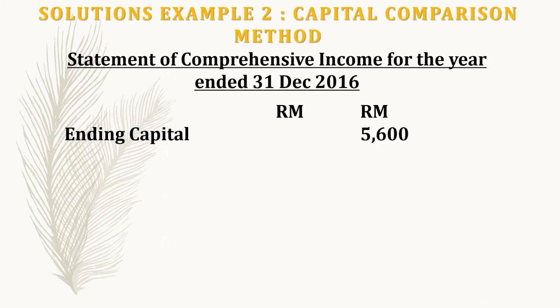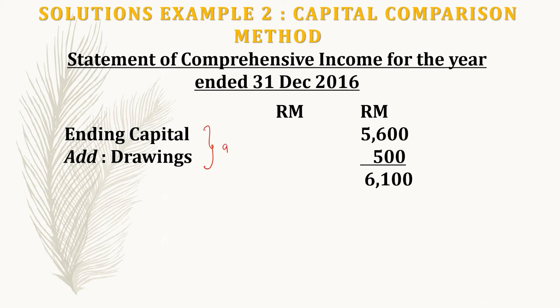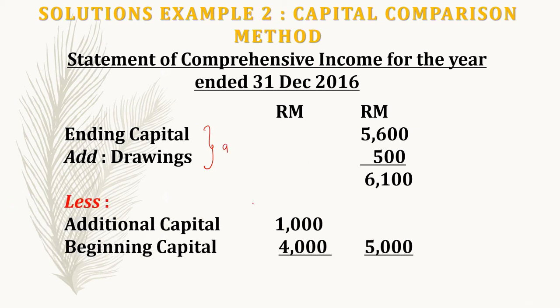So we'll take the ending capital and we'll add up our drawings. So this is component A, and then you have your additional capital. You'll add up your additional capital with your beginning capital, and this is component B, right?